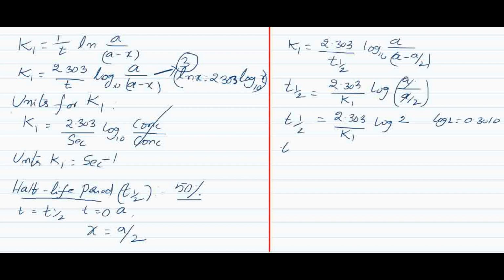Now t half equals 2.303 by k1 into 0.3010. Now t half equals 0.693 by k1. So this is the half-life period for the first order reaction. t half equals 0.693 by k1.